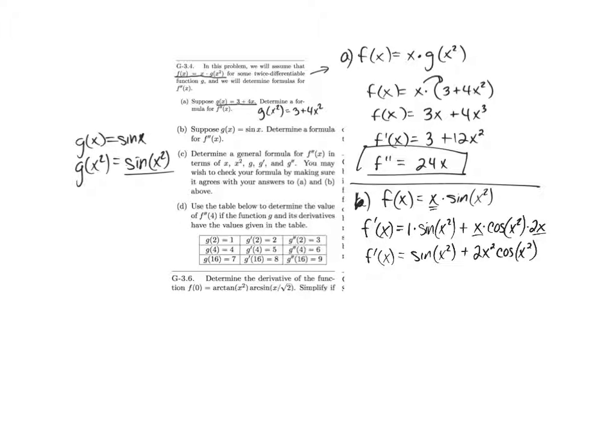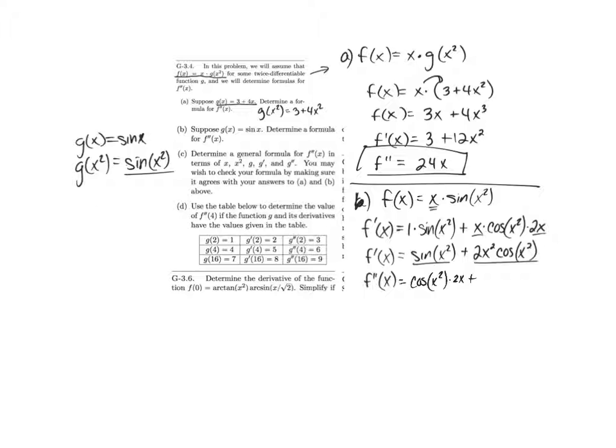So there's f prime. Now if we want f double prime, we just are going to go through and take the derivative of this and add it to the derivative of this. But when we get to the derivative of this guy, we're going to need, again, the chain rule. So this f double prime is going to get a little messy here. So the derivative of sine of x squared, again, the derivative of the sine is cosine of x squared times 2x.